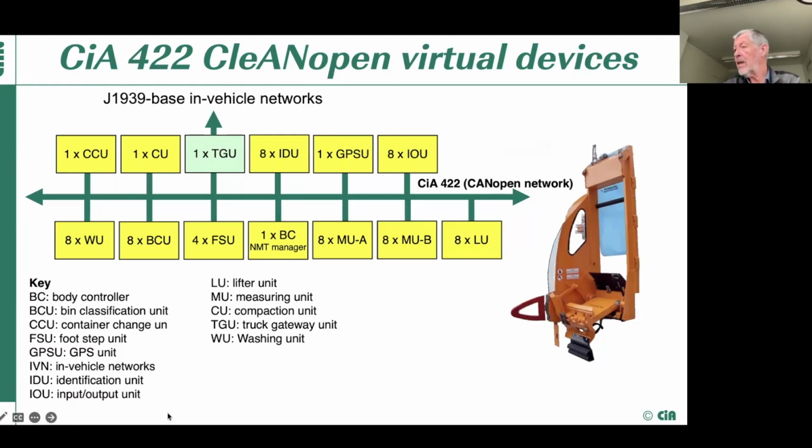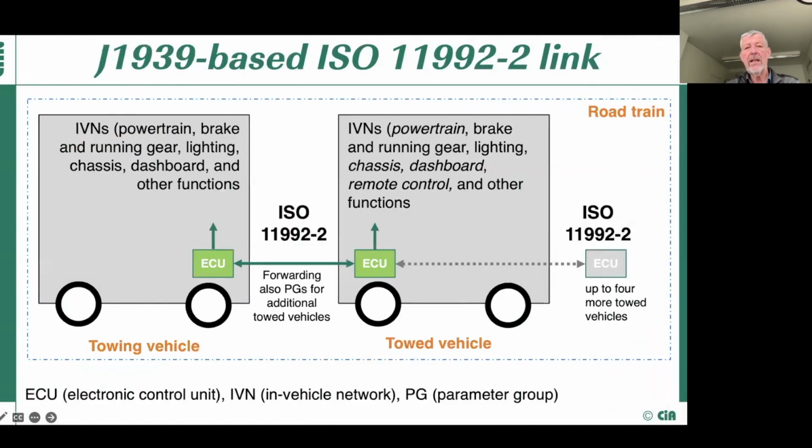I give you an example from a J1939 network which we developed more than 20 years ago. You see here a J1939 based point to point communication between truck and trailer, so between a towing vehicle and a towed vehicle, to be very precise.